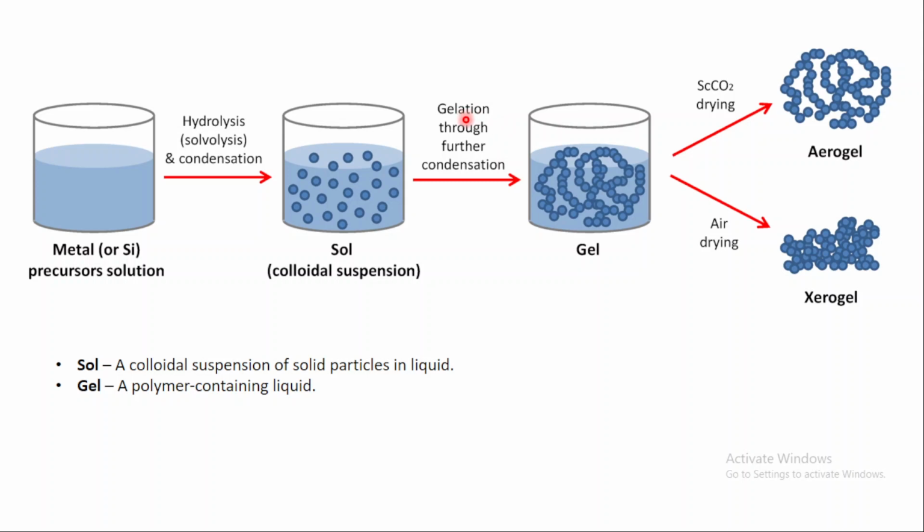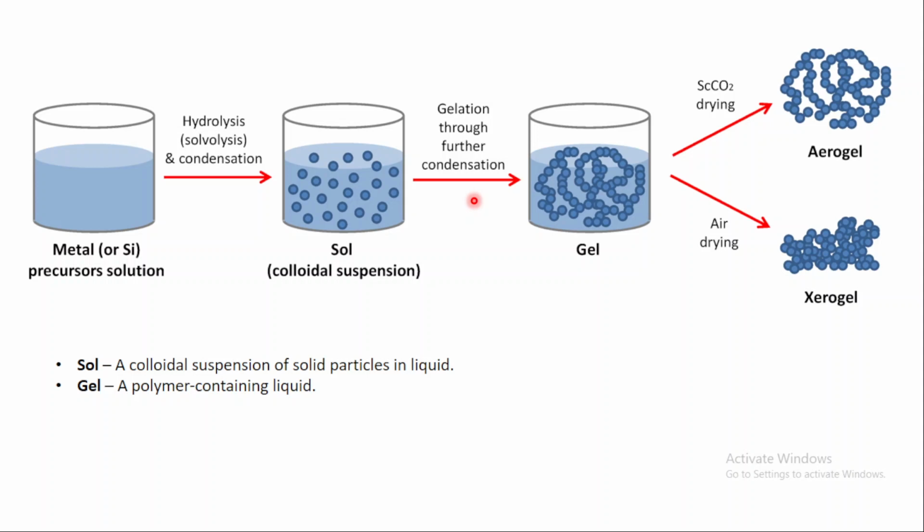Then on further condensation, these sol particles turn into gel-like particles. So all these nanoparticles or metal precursors will start nucleation and form polymers. So now this liquid will have a polymer containing liquid called gel, right?